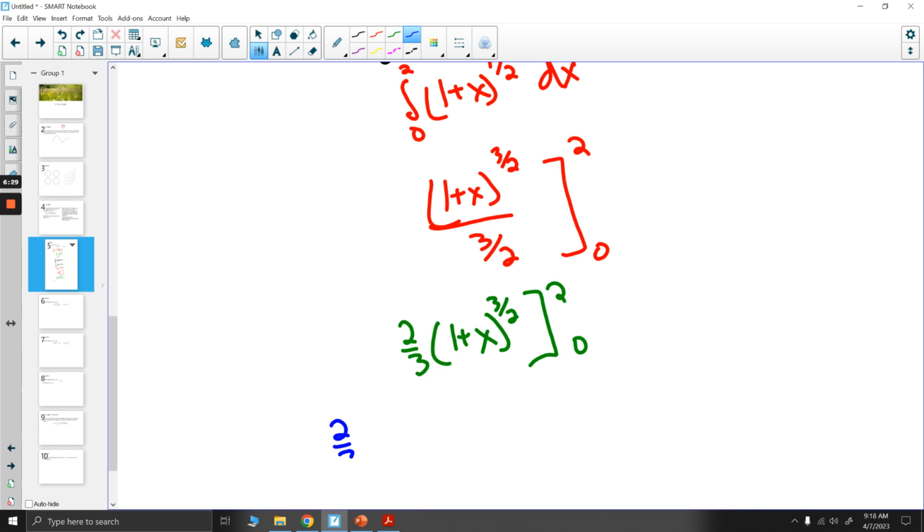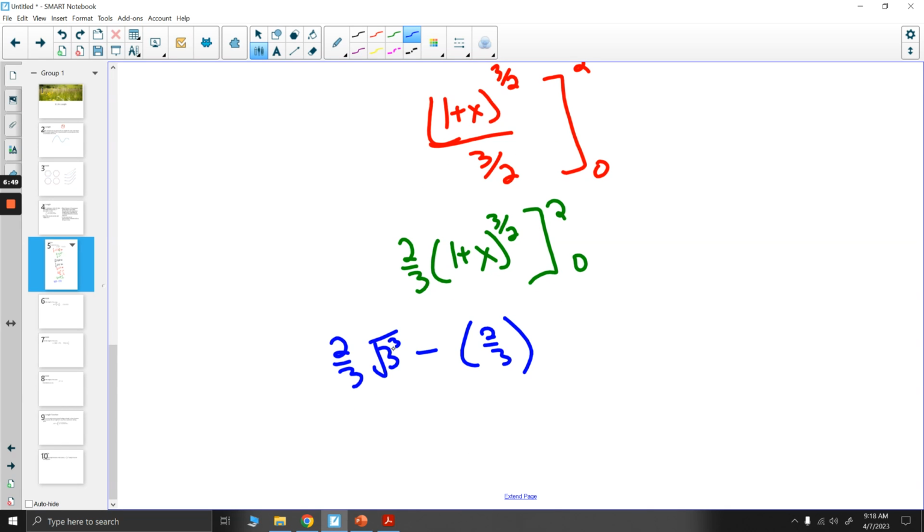So this would be 2/3 times the square root of 3 cubed, minus 2/3 times, in this case we plug in 0, 1 is just 1, that would be 1, so that's it here. So 3 cubed square root would be 2 square roots 3 times 3 square roots 3 minus 2/3.